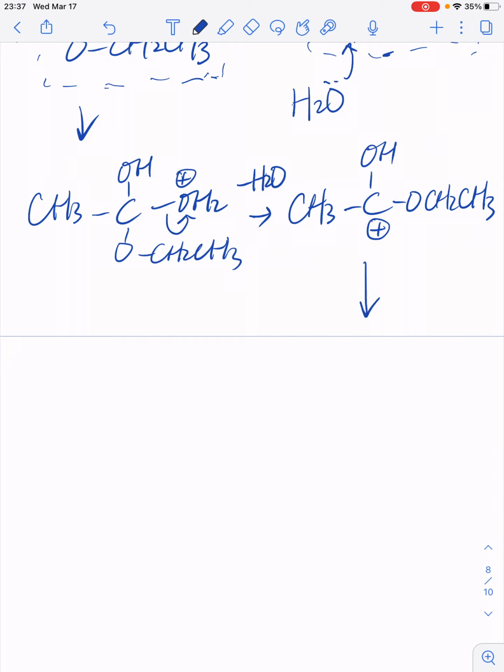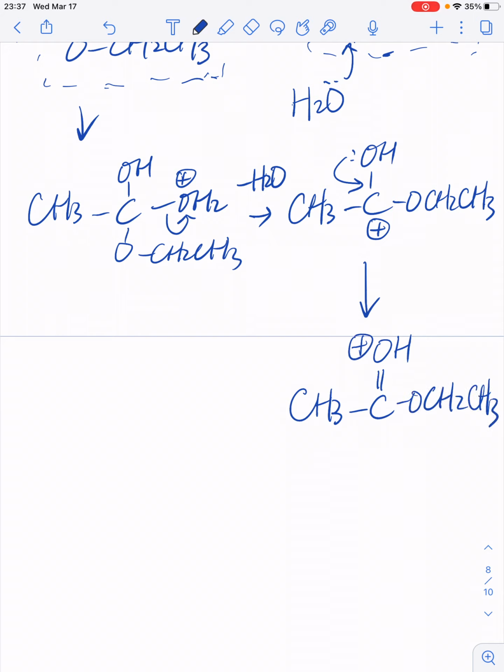The next thing will be to make that carbon neutral. At the same time, to form the carbon-oxygen double bond, right?